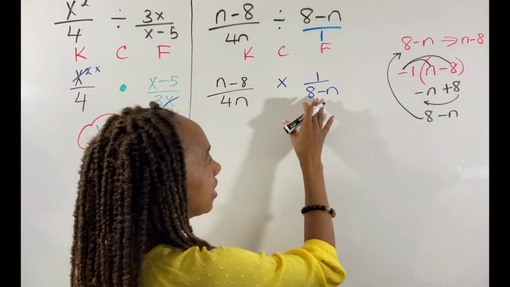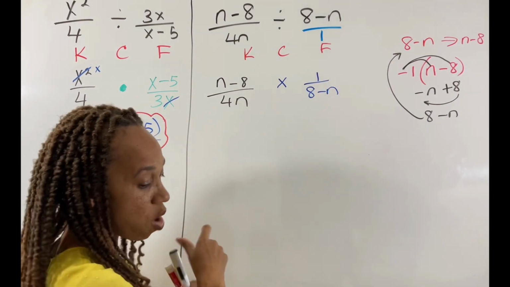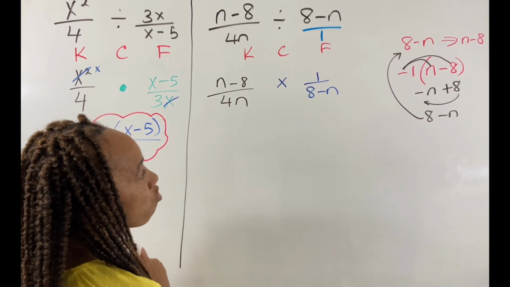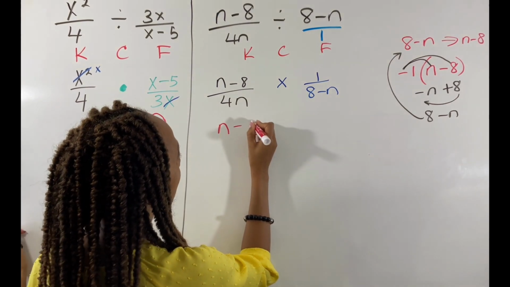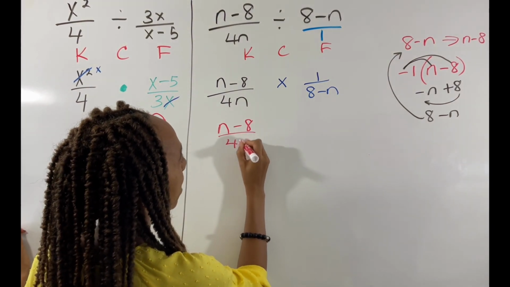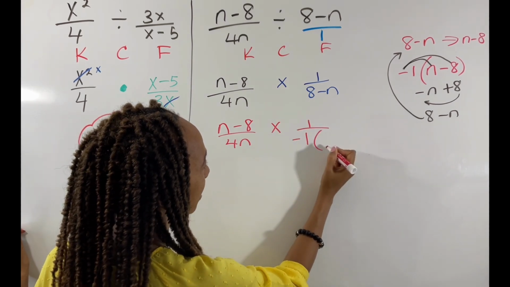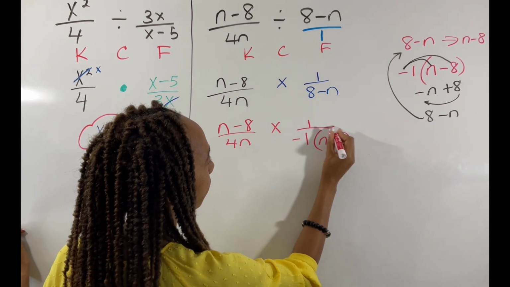So in this concept, we have it written as this, but your next thing that I want you to do, and I'm going to keep that line, is that I want you to rewrite it now where you have your n minus 8 over your 4n times 1 over negative 1 parentheses, then you have n minus 8 here.